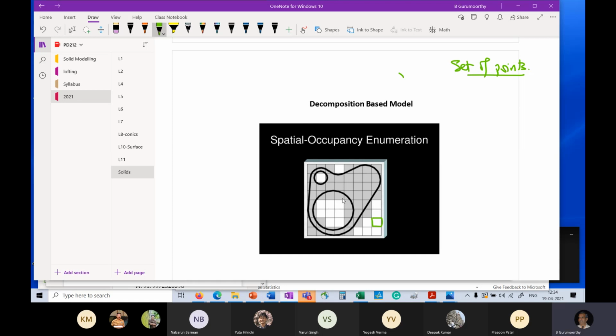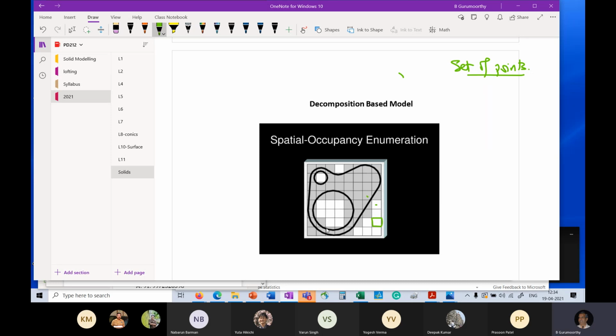The second question that needs to be asked, remember we had said, was one of point classification. Supposing you want to find whether a point is inside this object or not, you just need to know which cell this point lies in. And if that cell is outside, the point is outside. If the cell is inside, the point is inside. So that too becomes very easy.